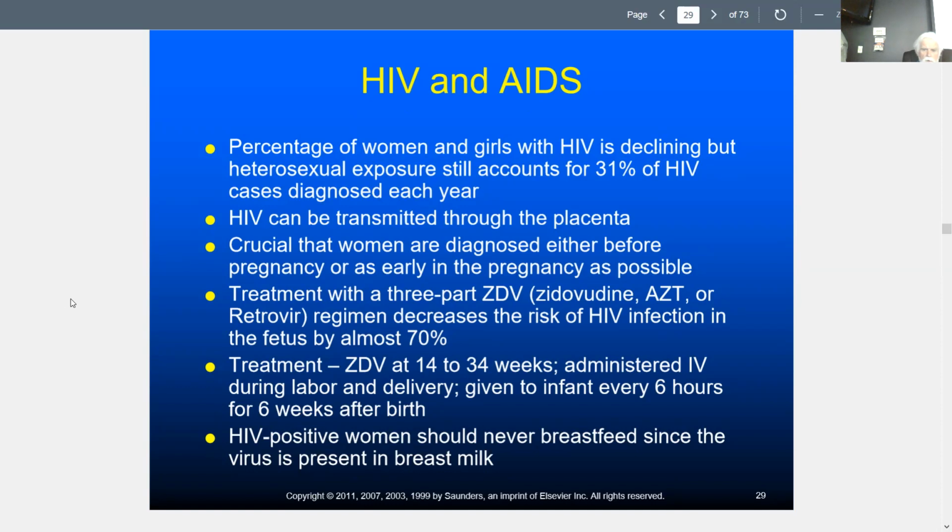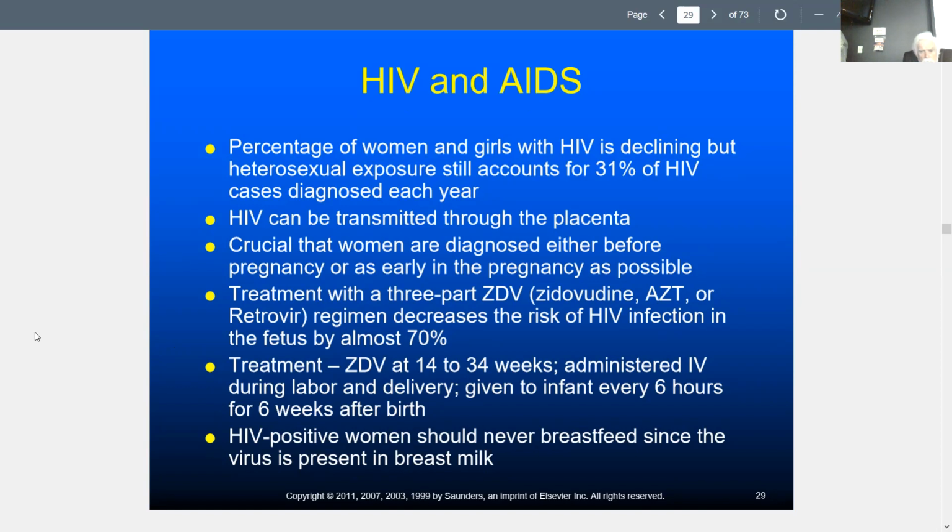And as I say, we've got a lot of cases of women now having HIV, and HIV is transmitted not just through exchange of blood, but semen has HIV in it. Breast milk has HIV in it, so we can actually transmit that.